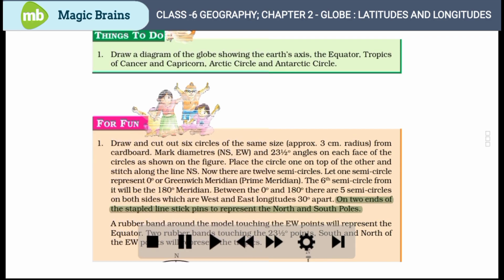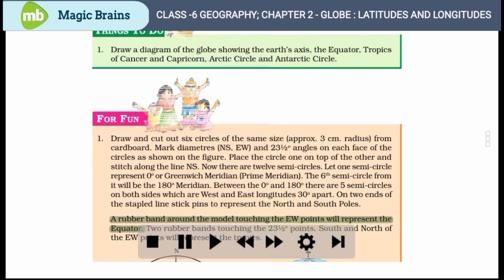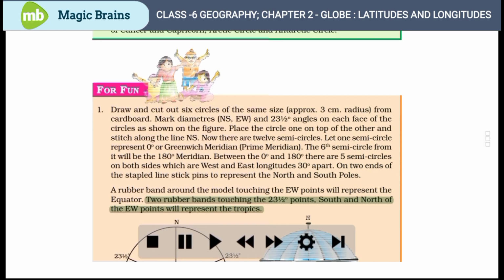On two ends of the staple line, stick pins to represent the north and south poles. A rubber band around the model touching the EW points will represent the equator. Two rubber bands touching the 23.5 degrees points, south and north of the EW points, will represent the tropics.